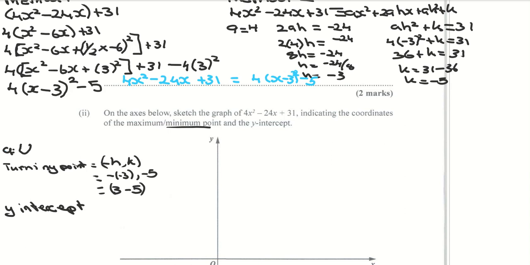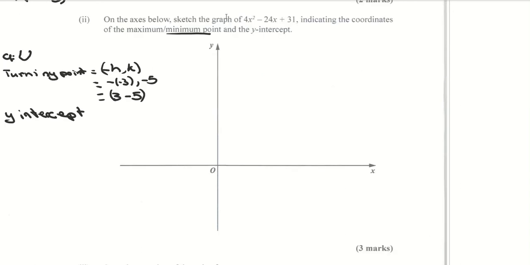We already know that your y-intercept is where your graph is going to cut your y-axis. And on your y-axis, x is equal to 0.